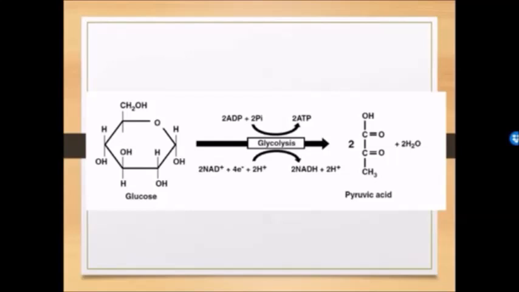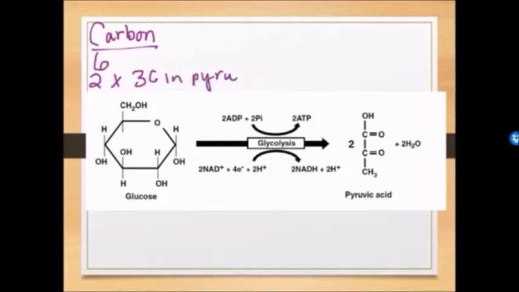Let's summarize glycolysis. Regarding our carbon, at the end of glycolysis, we can still account for our 6 carbon. They are now all in pyruvate. There are 2 molecules, and each of those pyruvates have 3 carbons in the pyruvate. So that's the destination at the end of glycolysis for our carbon.